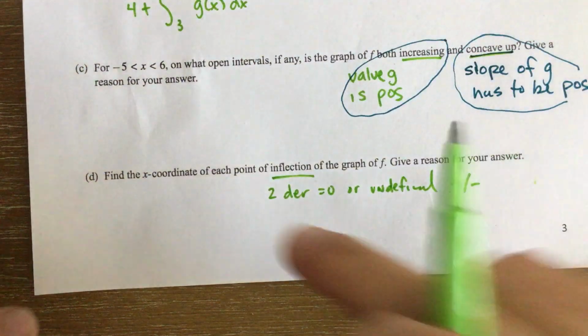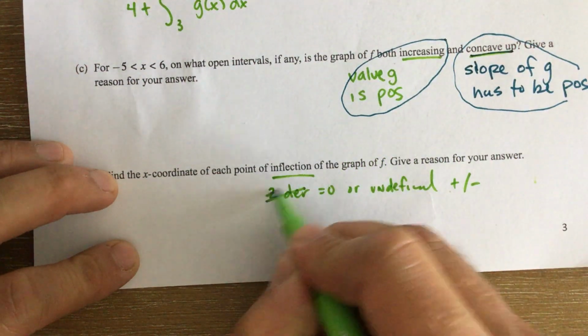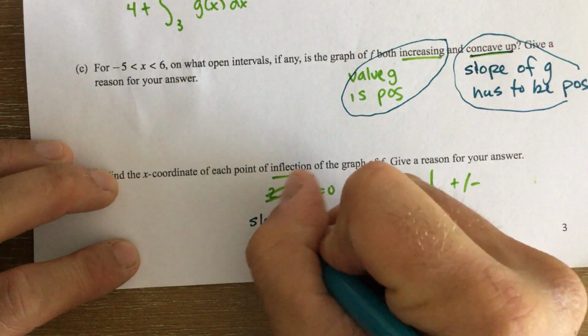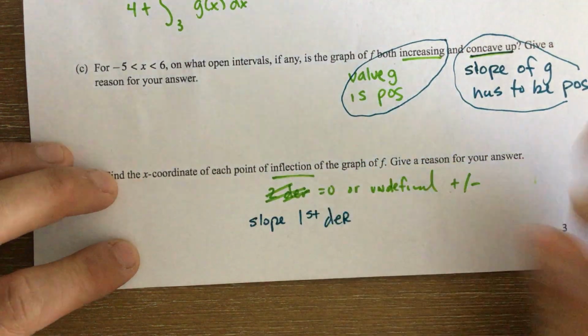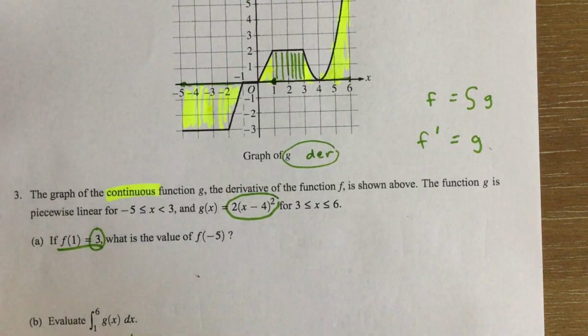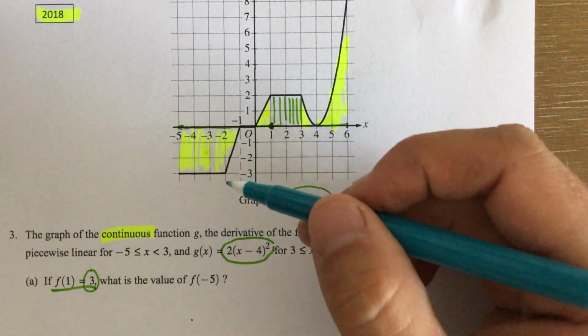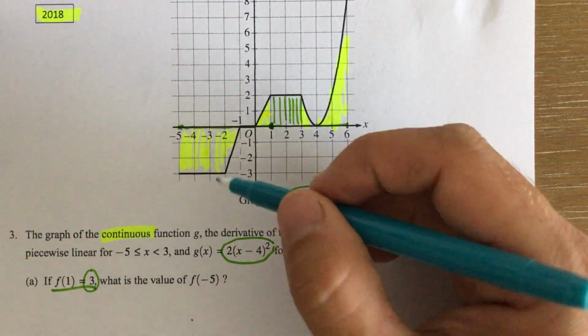All right? So since we don't have the second derivative, we have the first derivative. I'm going to change this. Instead of saying second derivative, I'm going to say the slope of the first derivative. So basically, you're going to look at this graph and figure out when is the slope, because this is the first derivative, 0?